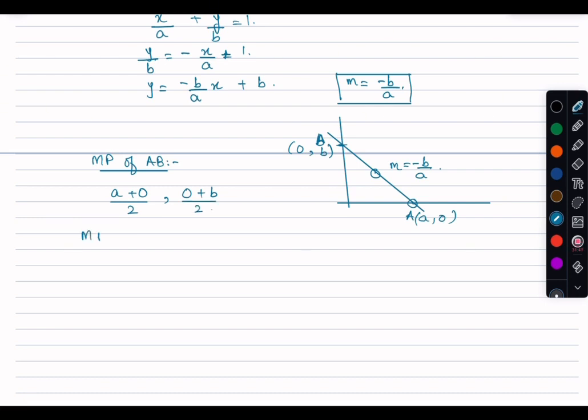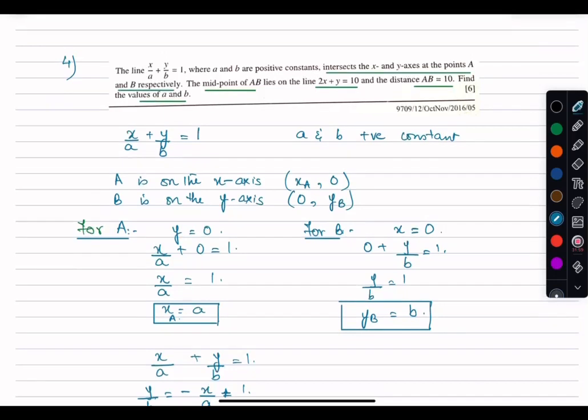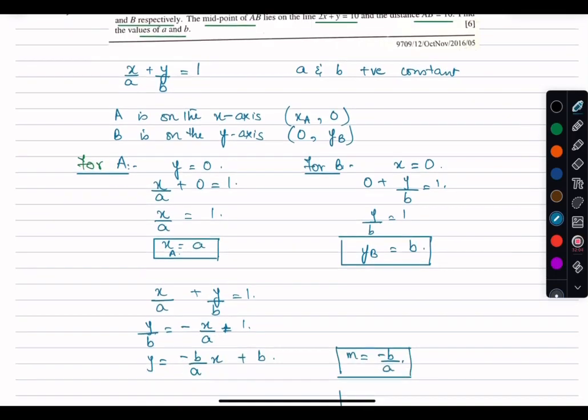So the midpoint here for AB is a divided by 2 and b divided by 2 here.